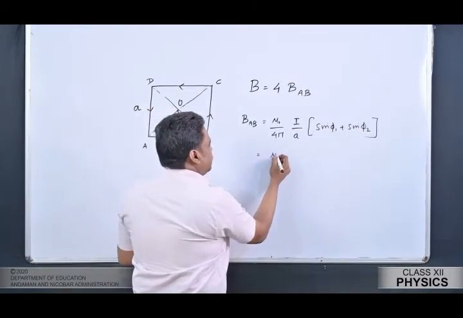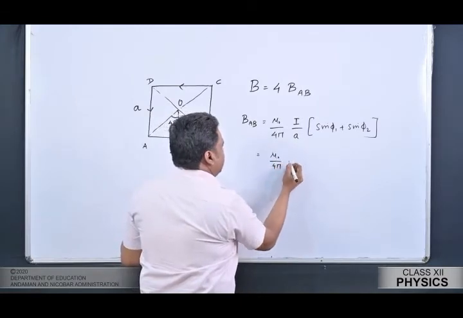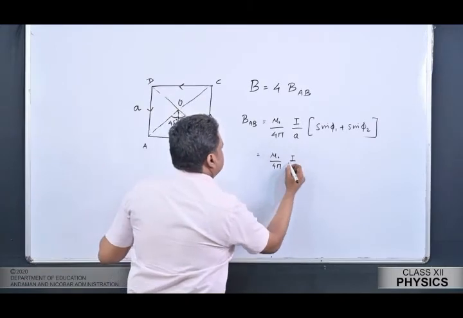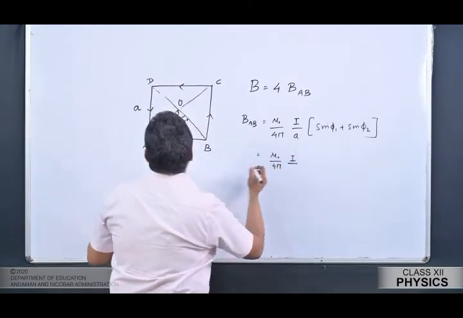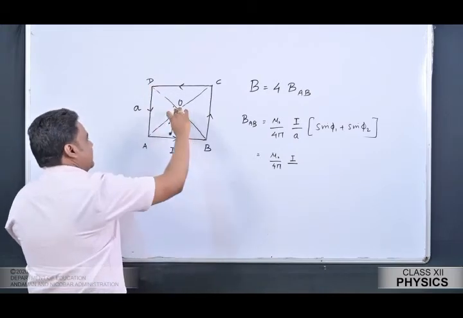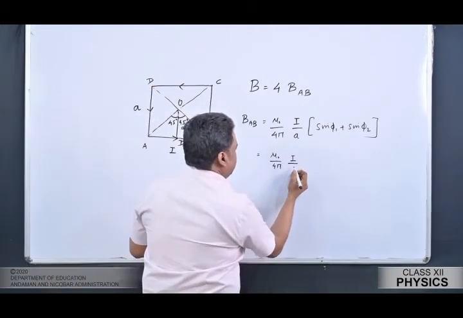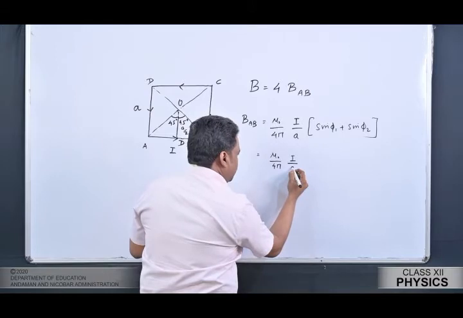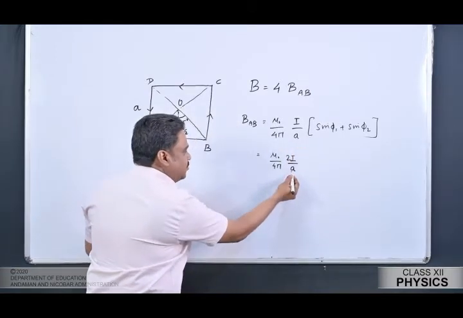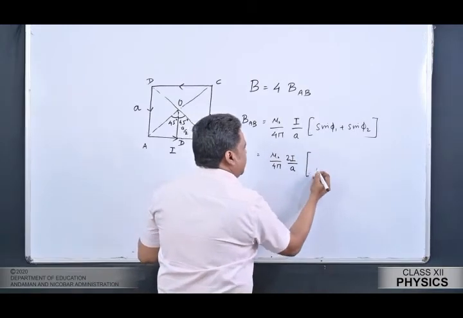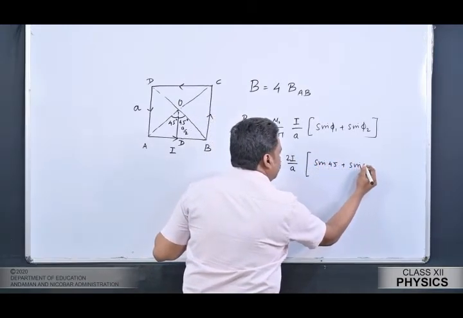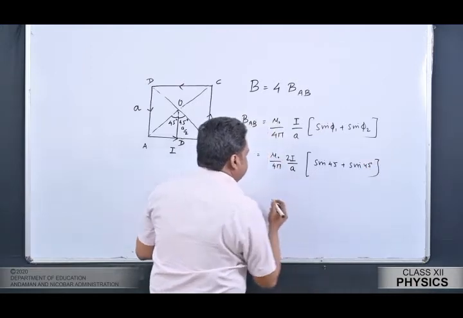By putting the values: mu naught by 4 pi, I by, you are able to see this length becomes A by 2. If the total length is A, OD will be A by 2. So in place of A, I'm going to put A by 2, that 2 moves up. And sine phi 1 is sine 45. Once again, sine phi 2 is also sine 45.